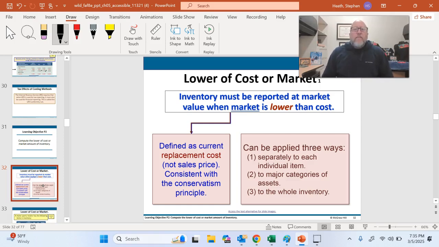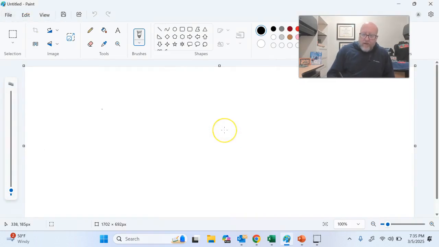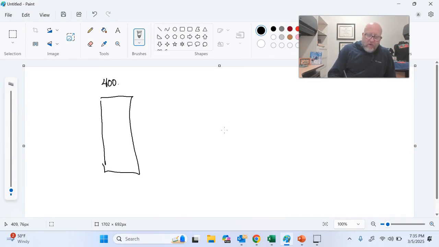Okay. And what we're saying with the lower of cost or market is, if I have my inventory account and it says we are looking at $400,000 according to our books and records, and it's all the lumber that we sell to the community of builders in our area.